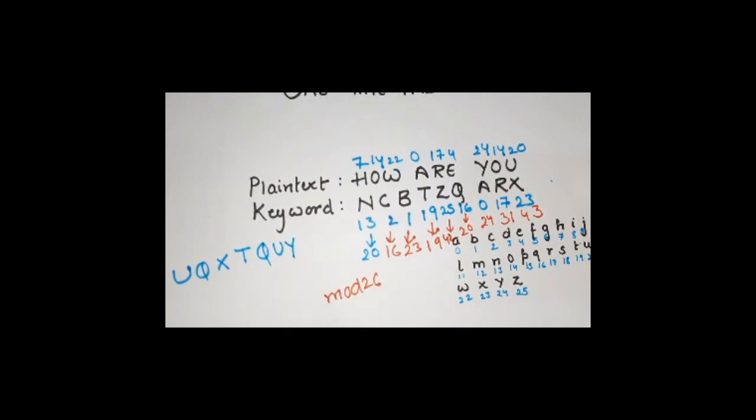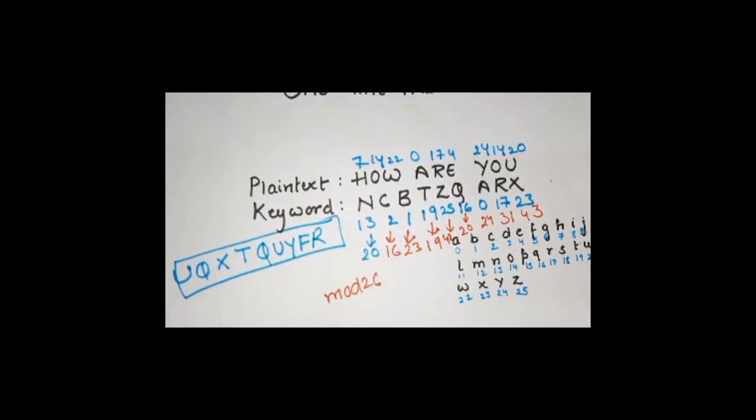Then we have 31. 31 mod 26 will give me remainder as 5. And the value for 5 is f. Again moving ahead as 43. 43 mod 26 will give me remainder value as 17. If you find out by calculator, it will be 17, and the value for 17 is r.